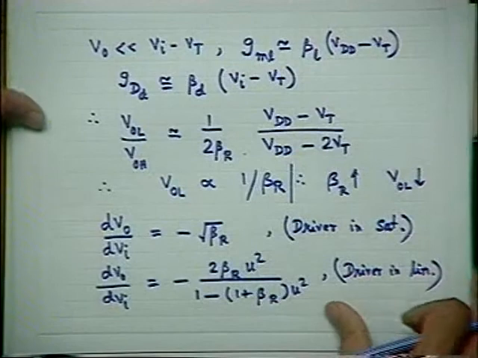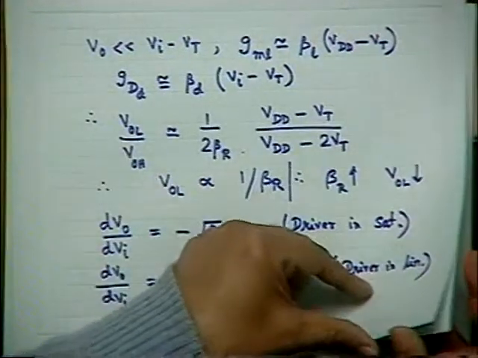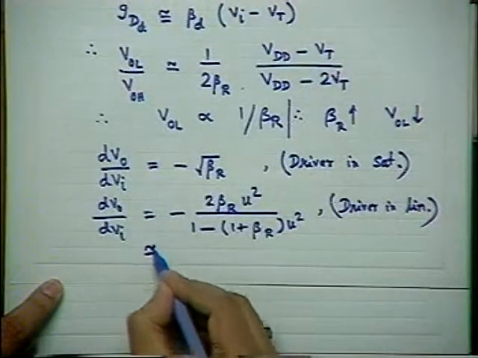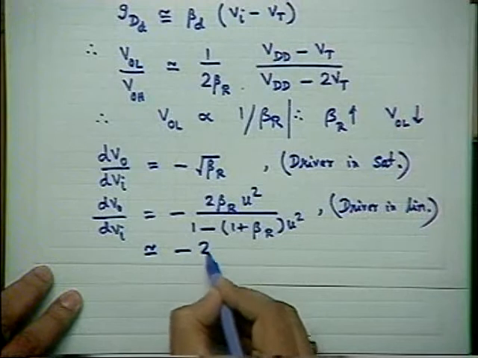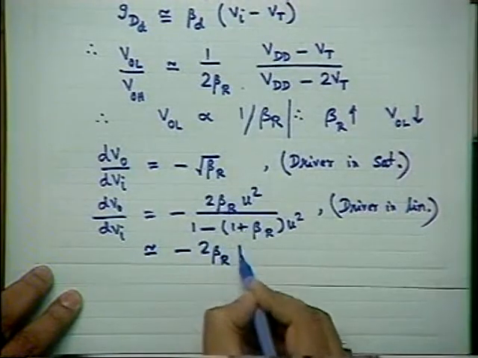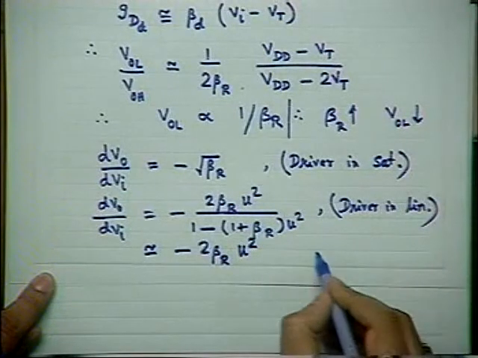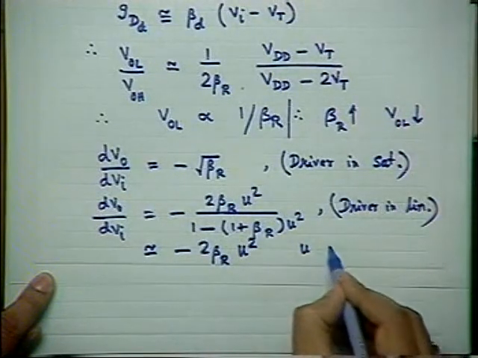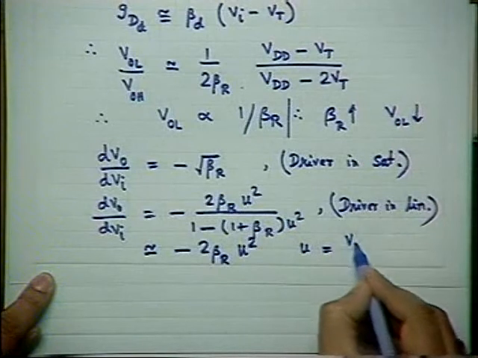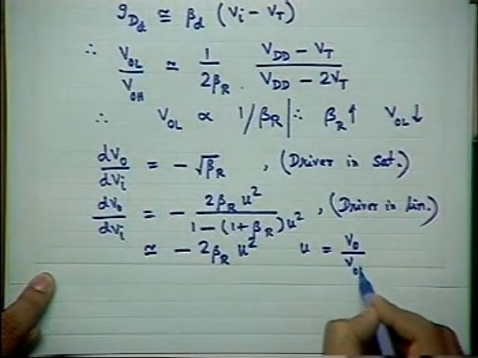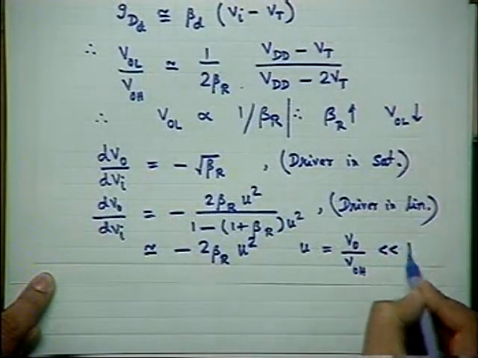And which is approximately given by minus twice beta R into u square, if u, which is equal to VO by VOH, is less than 1.